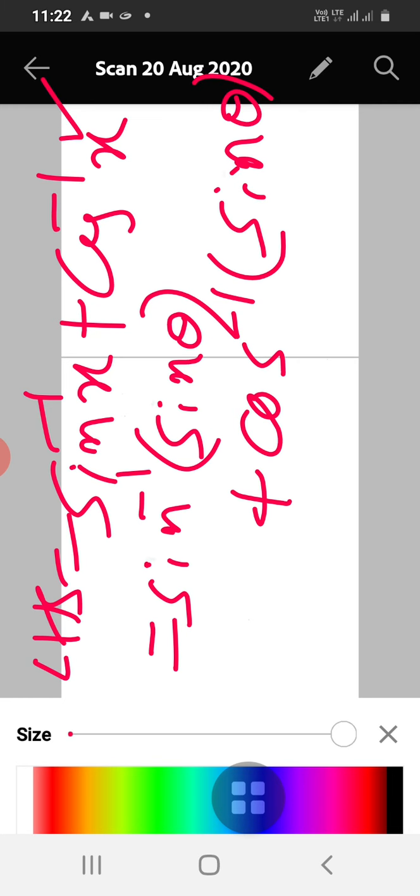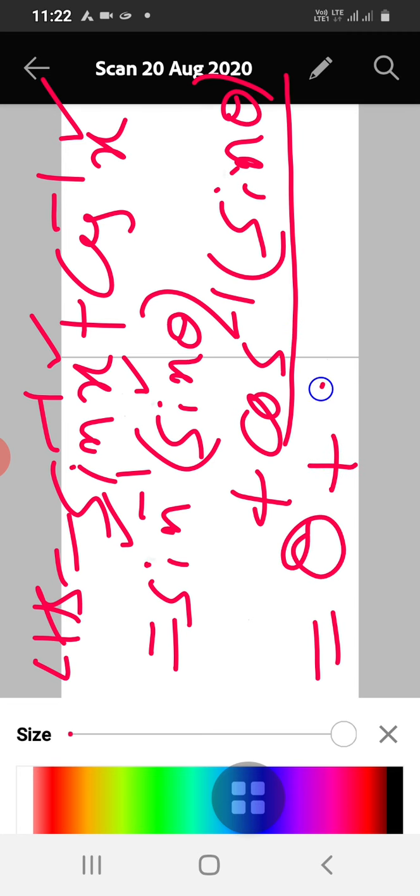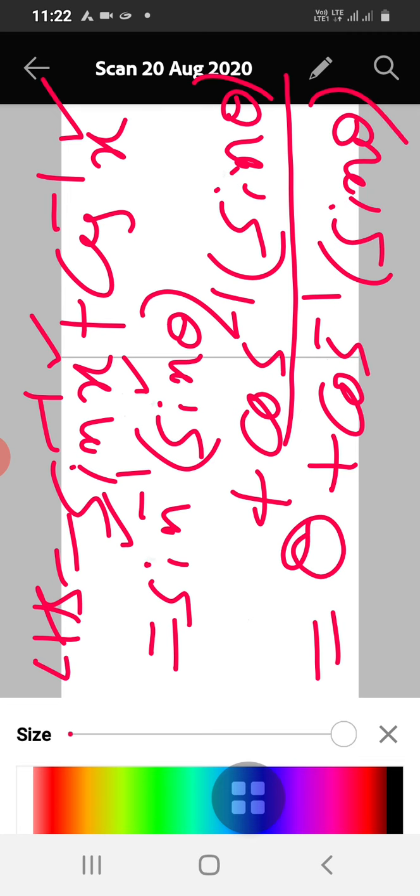So I have replaced this x. So in the next step, this is sin inverse of sin theta, so I can write that as theta plus, I will write this one as it is, cos inverse of sin theta. So this is the second step.